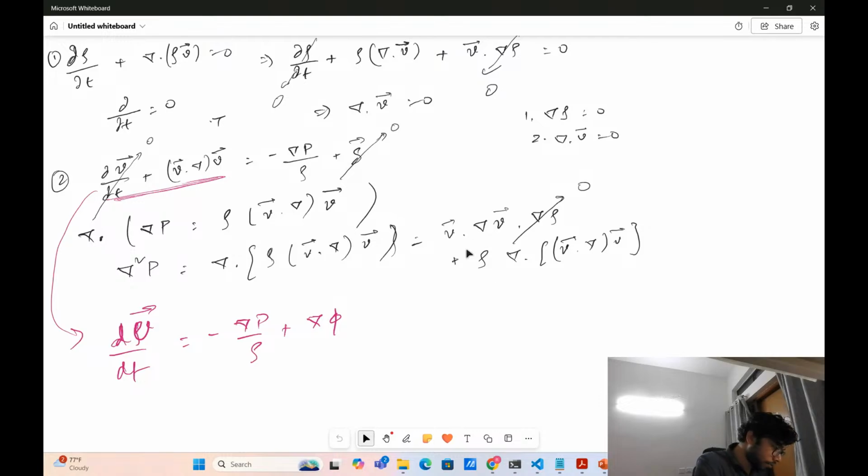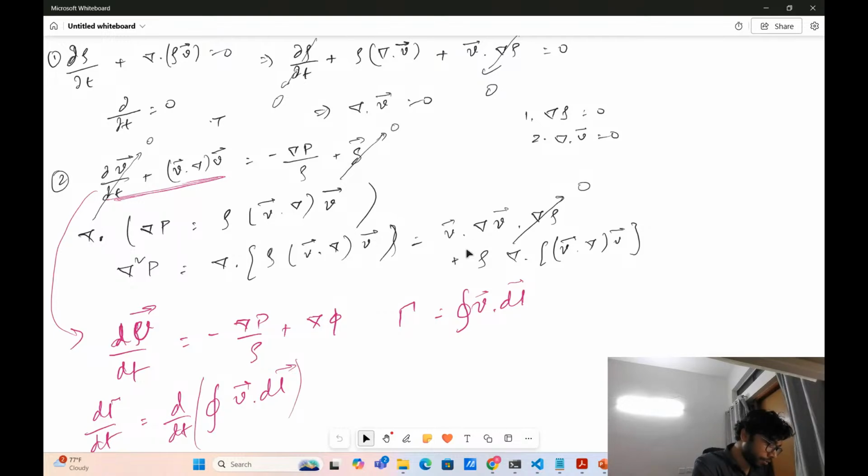Now your gamma is given by the circular integral of v dot dl. And if you do d gamma dt, this will be d dt of the circular integral of v dot dl. So just apply the chain rule.